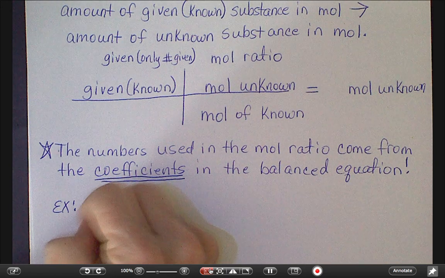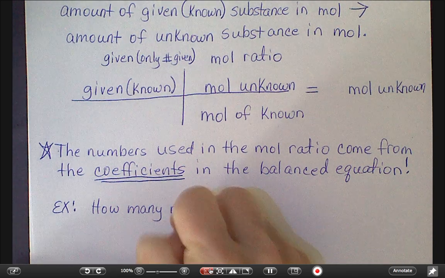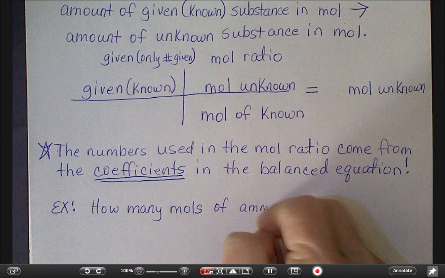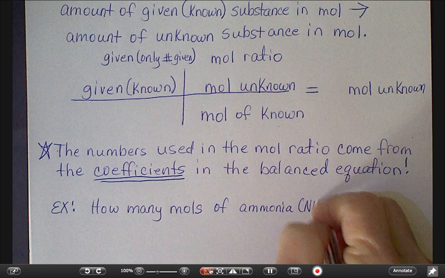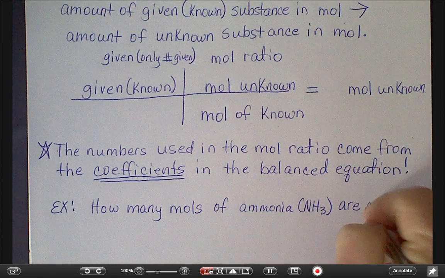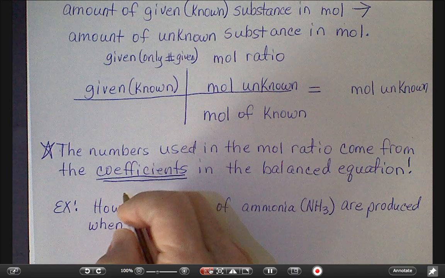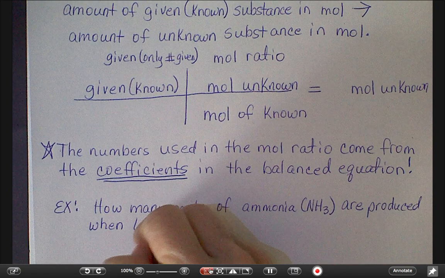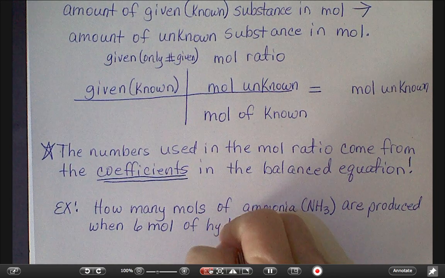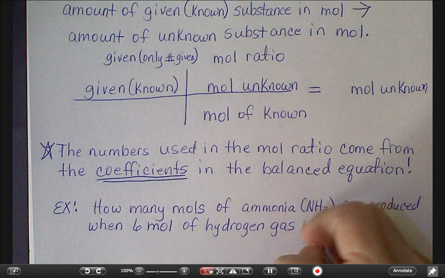How many moles of ammonia, which is NH3, are produced when six mole of hydrogen gas reacts with excess nitrogen?